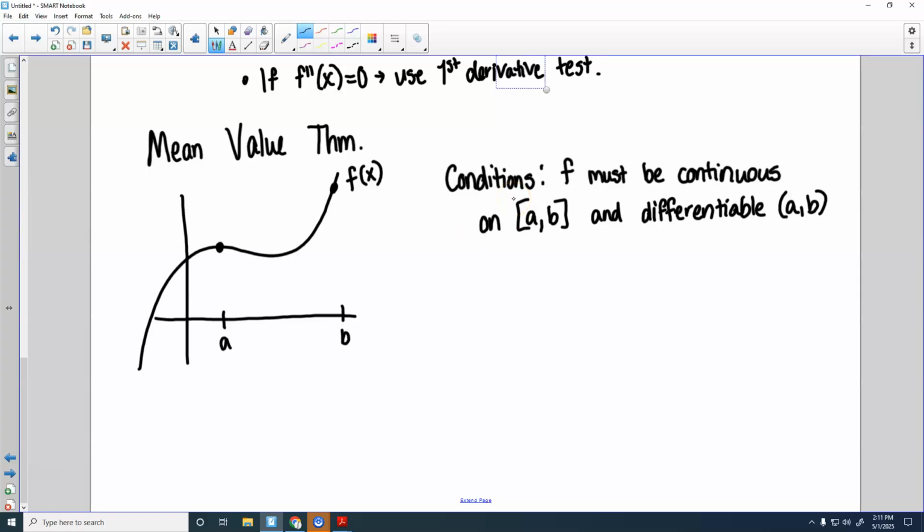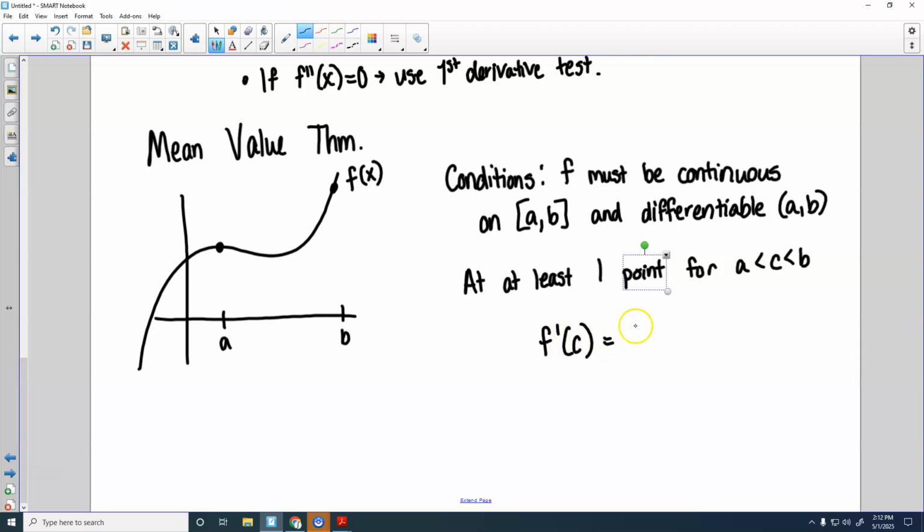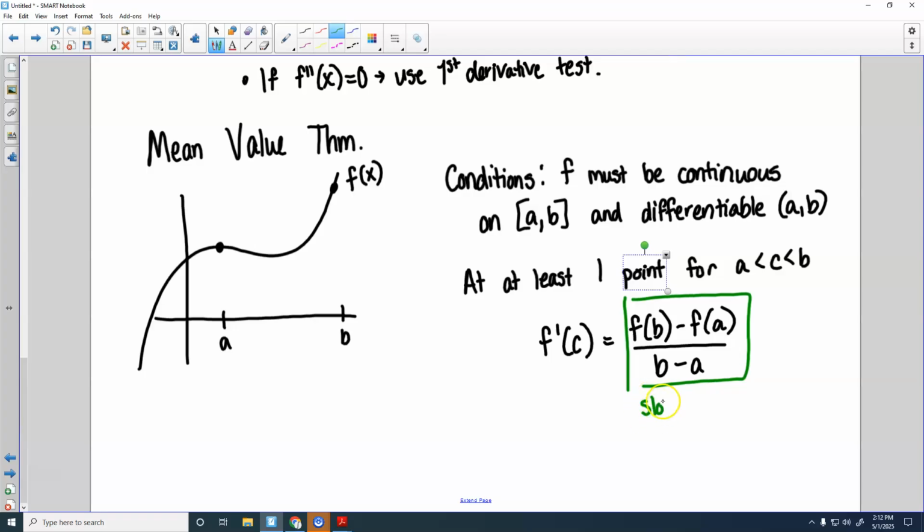And then if that condition is met, then there is at least one point C, for A less than C less than B, where f prime of C has to equal f of B minus f of A over B minus A. And what that means, this part right here, is your slope between the endpoints.